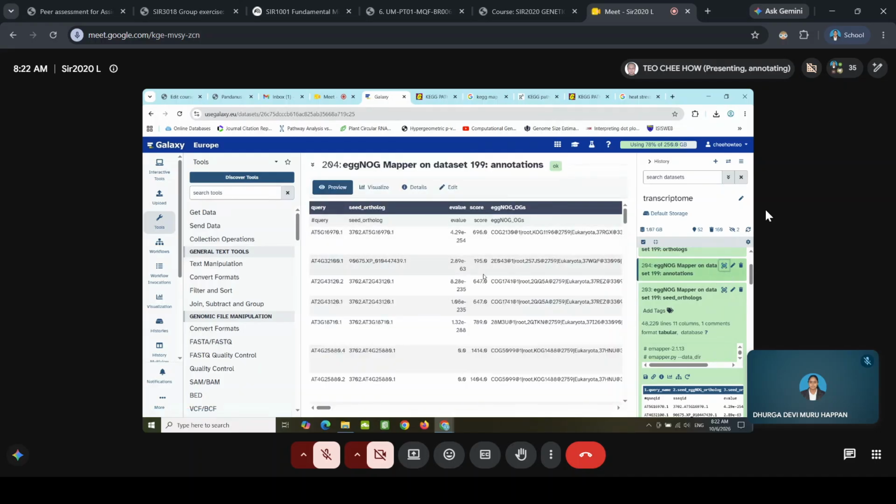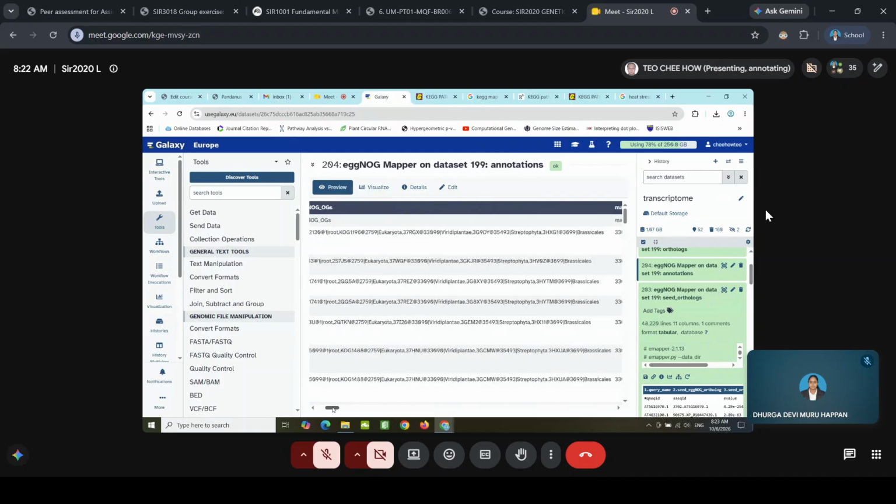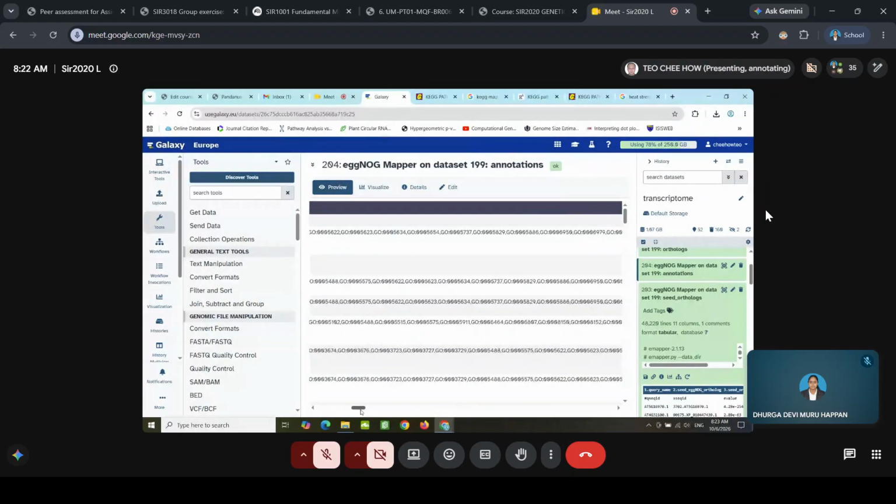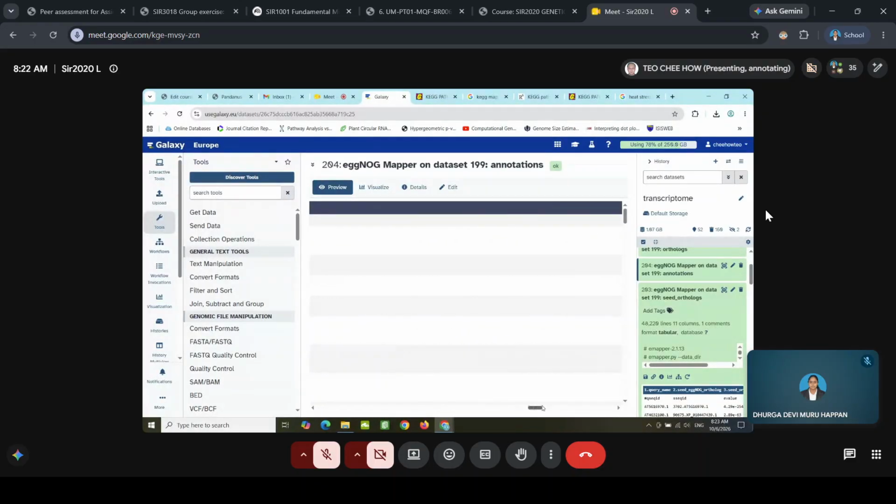So then I will be able to annotate each of the genes. For example, this gene, right? It is a NADP dependent enzyme, right? And then it is involved in different things, it is the enzyme ID, right?